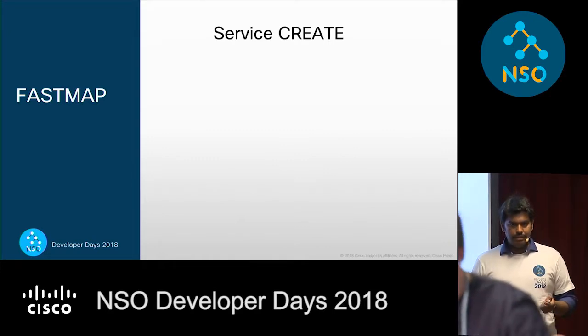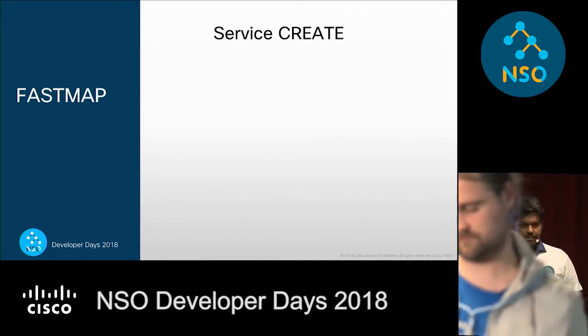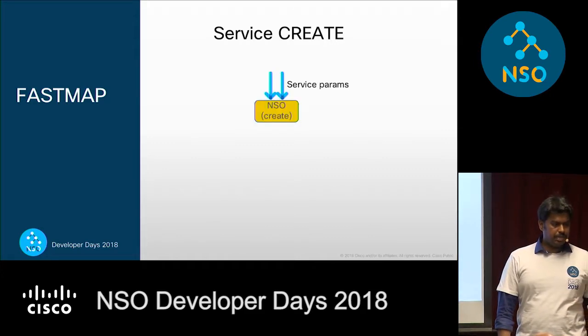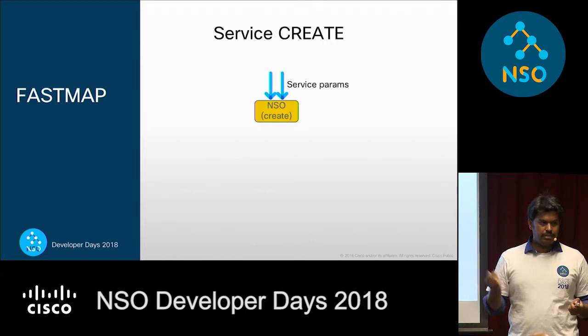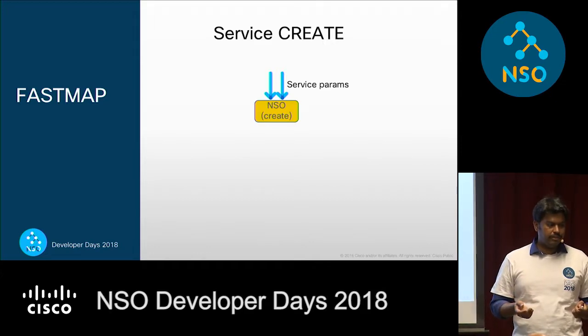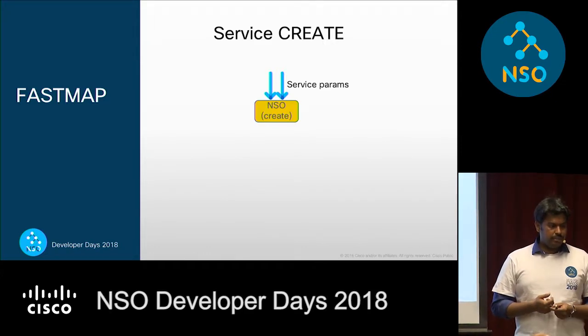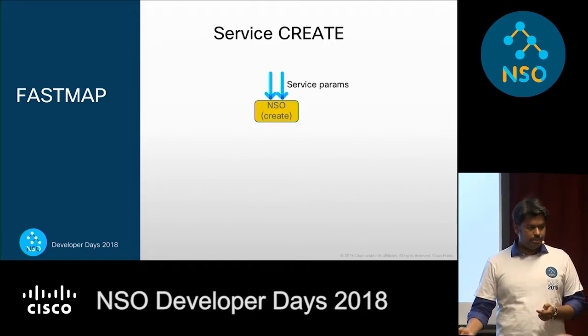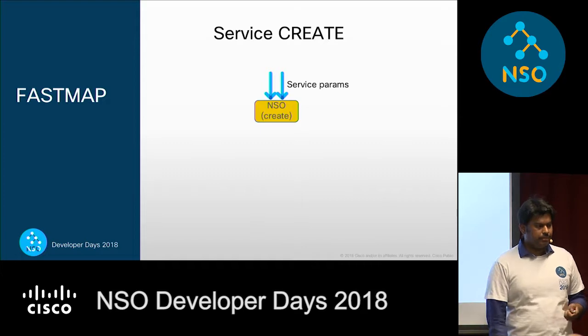In the create case, you don't have the service actually provisioned in the network, and you get the service parameters from the northbound system, like an order management system or an OSS. And you use NSO's APIs, like the create callback, to map that into the corresponding changes to the device models.